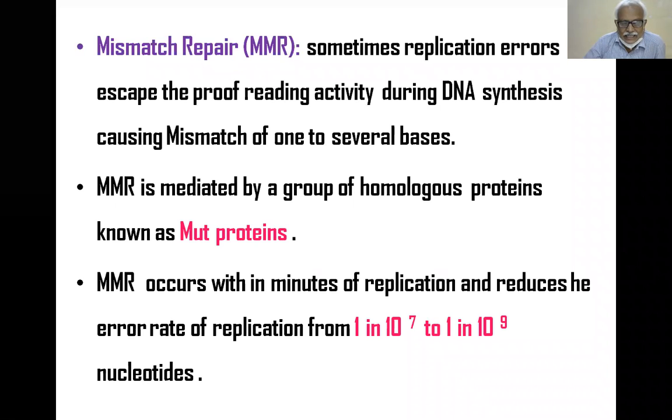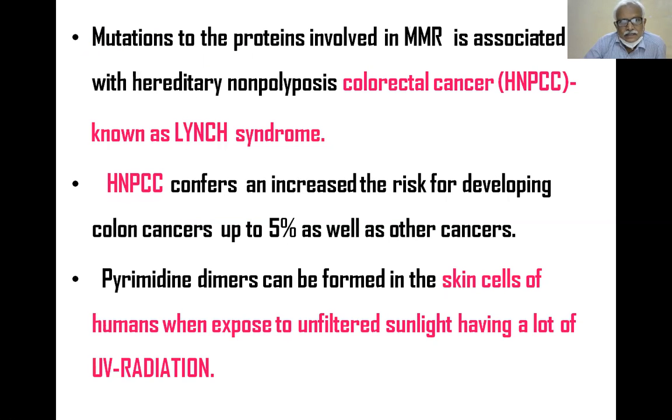MMR occurs within minutes of replication and reduces the error rate of replication from 1 in 10 to the power of 7 to 1 in 10 to the power of 9 nucleotides. So very fast. This will enact very fast, within minutes of replication, to reduce the error rate.